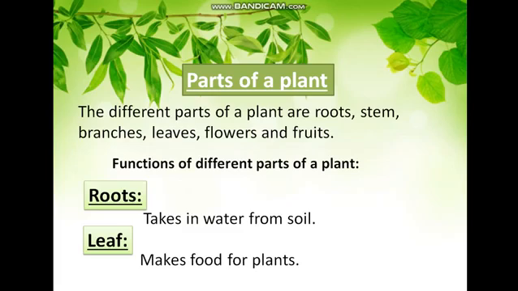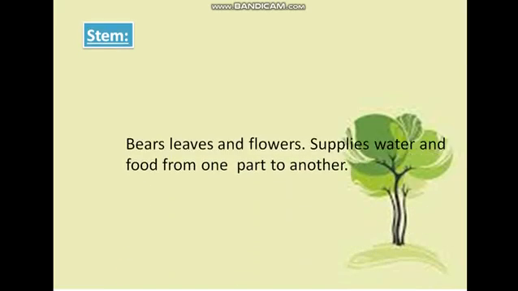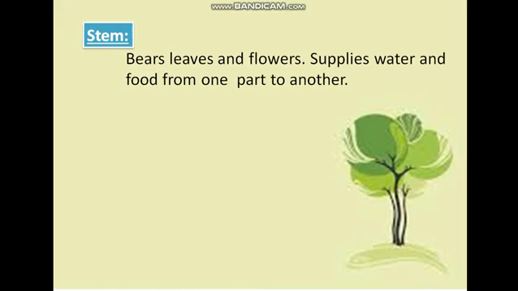Wow. Now your next part is stem. What is the function of the stem? It bears leaves and flowers, and supplies water and food from one part to another. So it is going to supply the water and food.